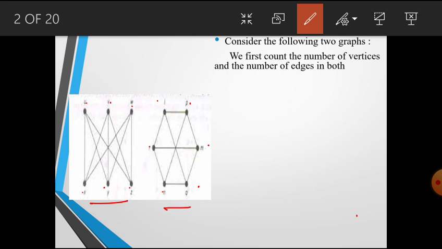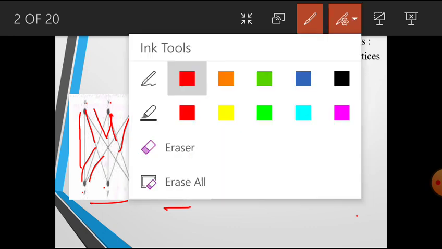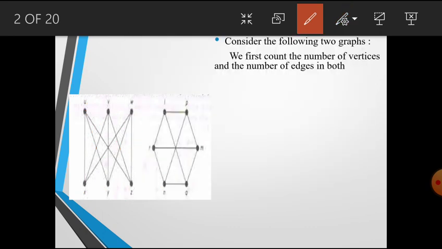Also, we count the number of distinct edges. In G1, 1, 2, 3, 4, 5, 6, 7, 8 and 9. There are 9 distinct edges in graph G1.